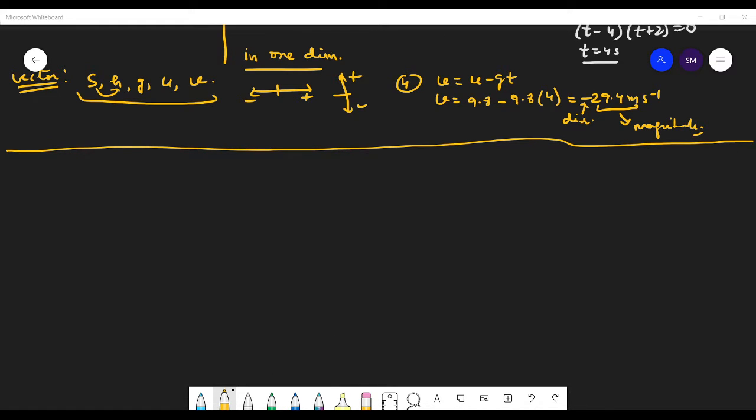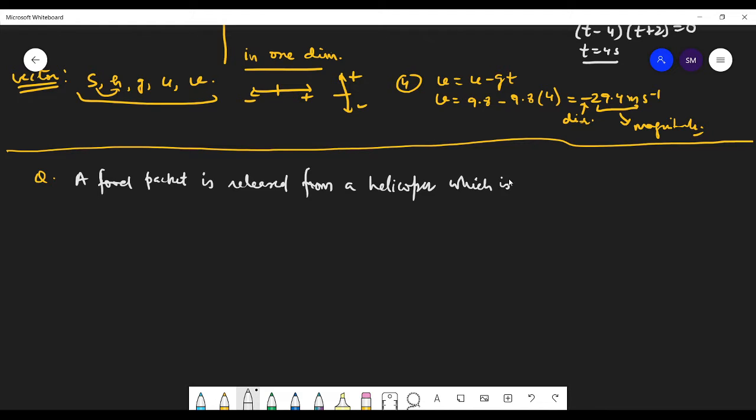Okay, next question. Now, a food packet is released from a helicopter. So we have a helicopter this time, which is rising steadily at 2 meter per second.